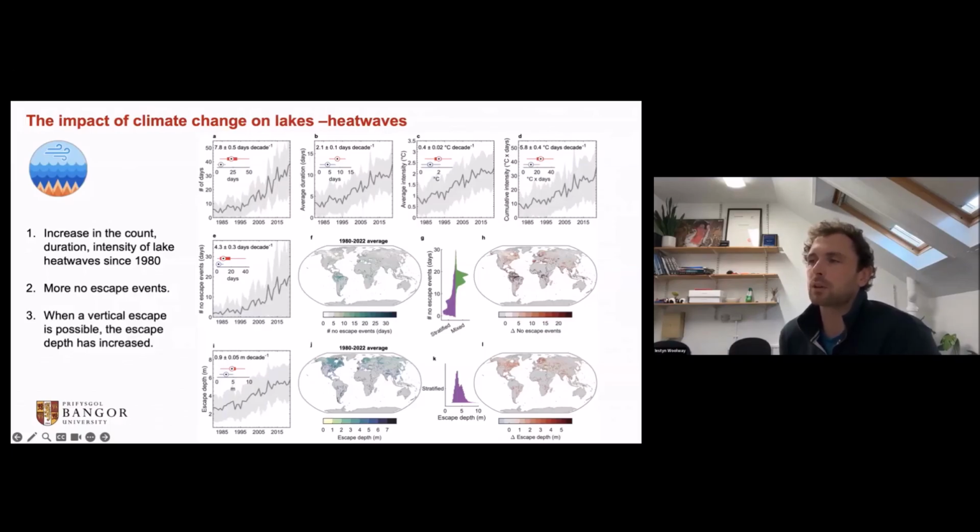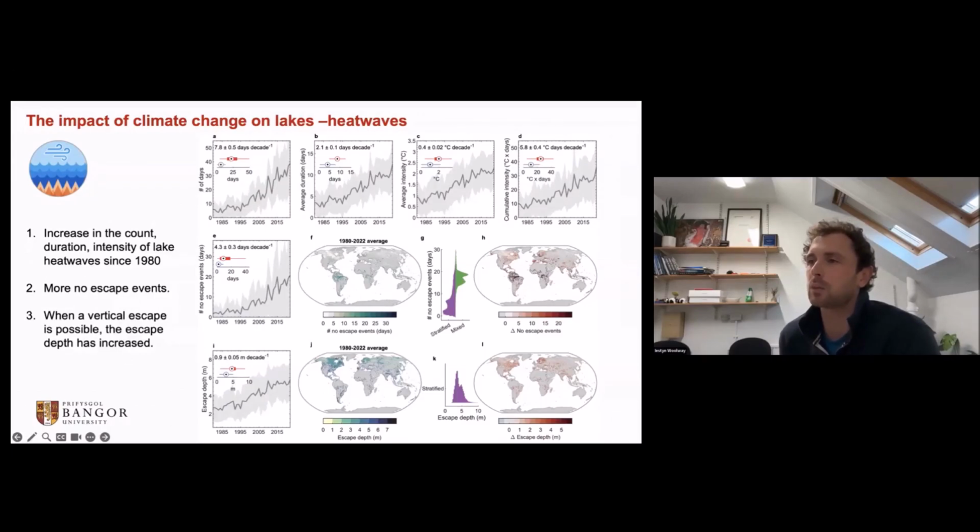So there's no escape for surface species at deeper water. A no escape event is basically that there's nowhere else in the water column that a species can escape that thermal stress. And what we find is that from the 1980s to the near present, the number of those no escape events is increasing.